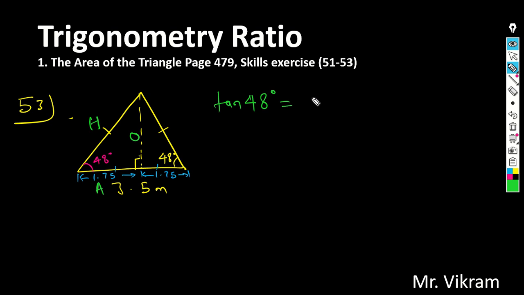Tan 48 is opposite over adjacent, right? So opposite I don't know, so let's say x. Adjacent is 1.75, so x will be equal to 1.75 multiplied with tan 48 degree.